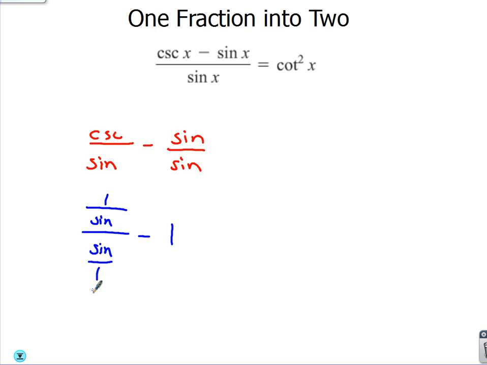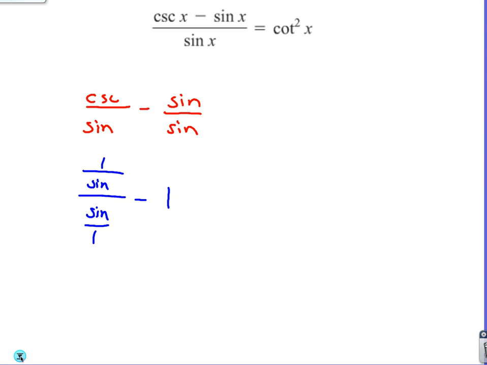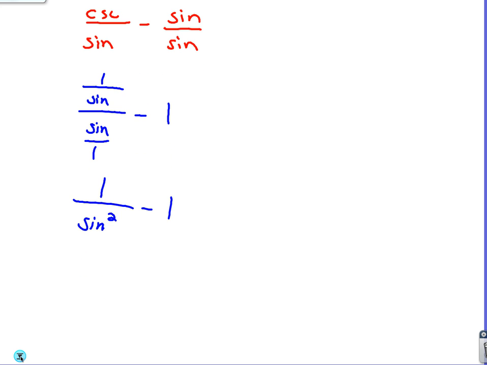To divide two fractions, you flip and multiply. 1 over sine over 1. Flip sine over 1, multiply the two. What does this whole thing turn into? 1 over sine squared minus 1. What's 1 over sine squared? Oops, not 1. 1 over sine is, say it again, cosecant squared.